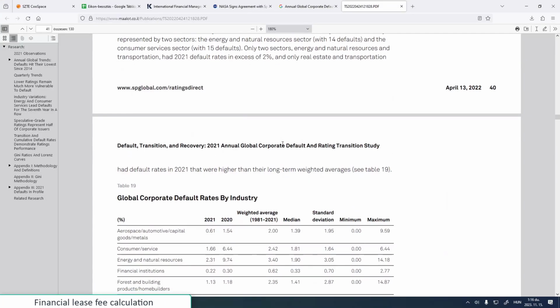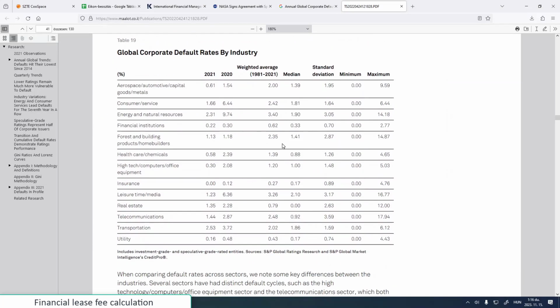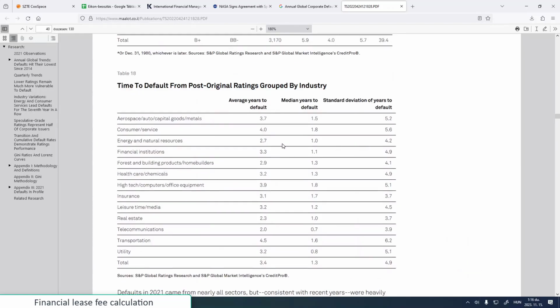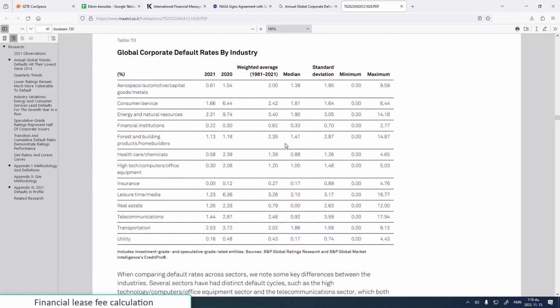Then corporate default rates by industry. This is the default rate, and also I prefer to use the weighted average because in this case it contains 3 decades long data.